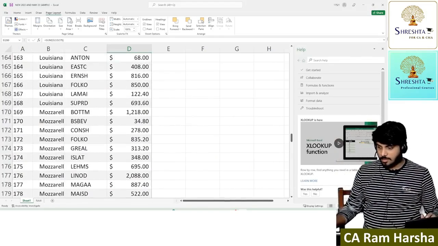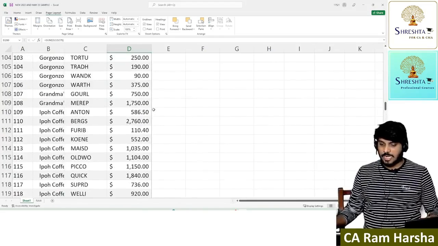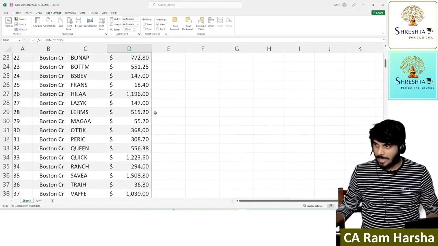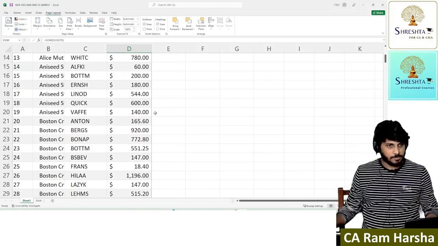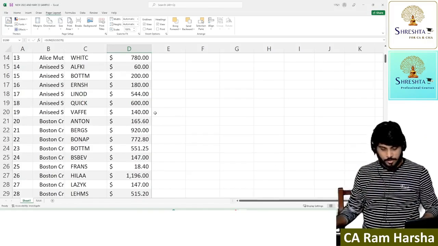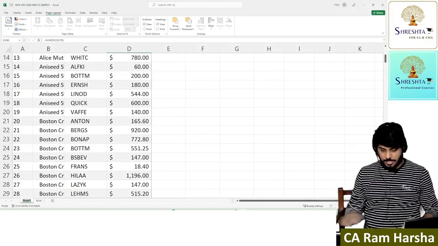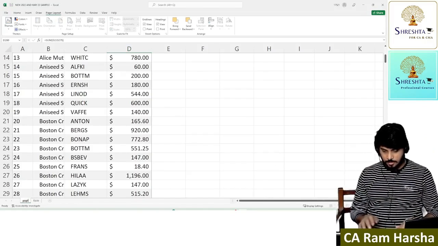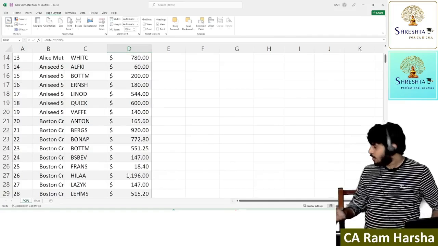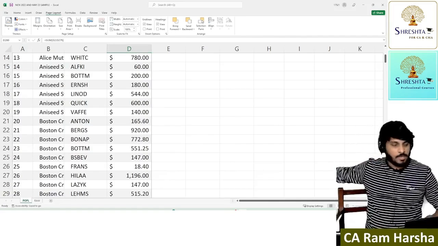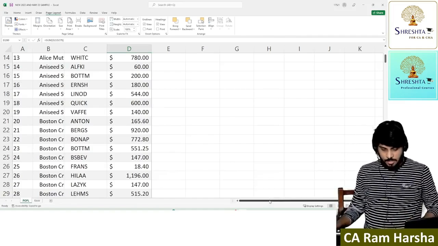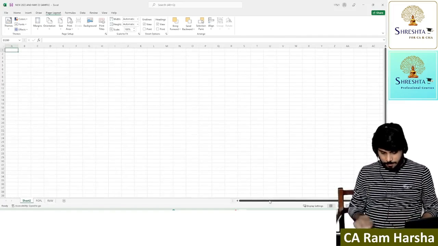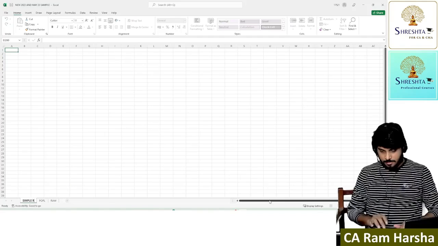Now my objective is to select 20 samples. Have you heard of random number tables? Now, how do I apply random number tables? This is the population. From this, I apply simple random sampling.